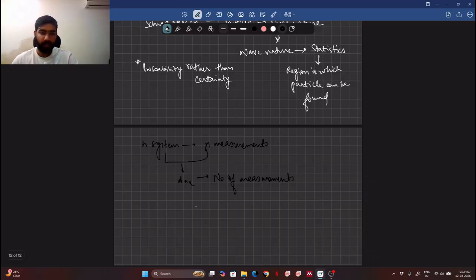Then we have dn_x upon n as the probability for finding the particle, which is equal to |ψ|² dx.